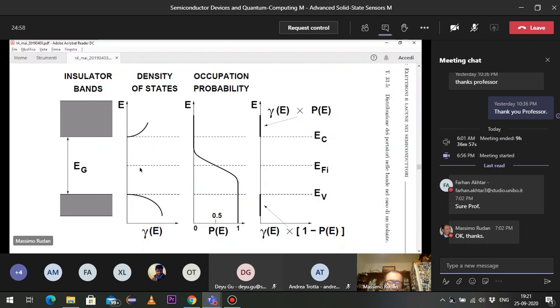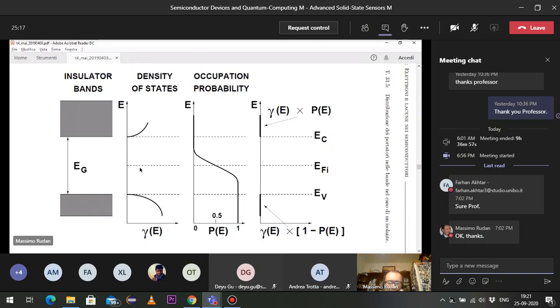You can notice another thing, okay, that the extension of the gap is large. How large? Large enough to allow the Fermi statistics to completely go from practically 1 to practically 0 inside the forbidden gap.